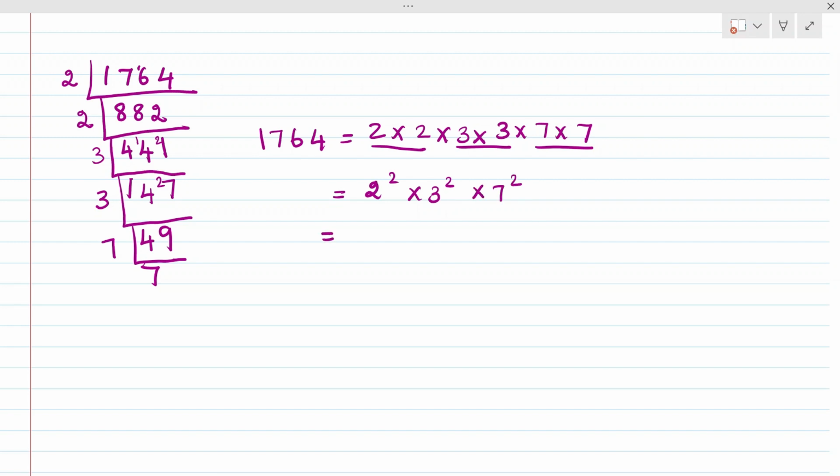So when you multiply, it will be 42 whole square. 2 into 3 is 6, 6 into 7 is 42 whole square. So 1764 is a perfect square and it's a square of 42. Okay, so it will be like 42 into 42. 1764 is a perfect square number and it's a square of 42.